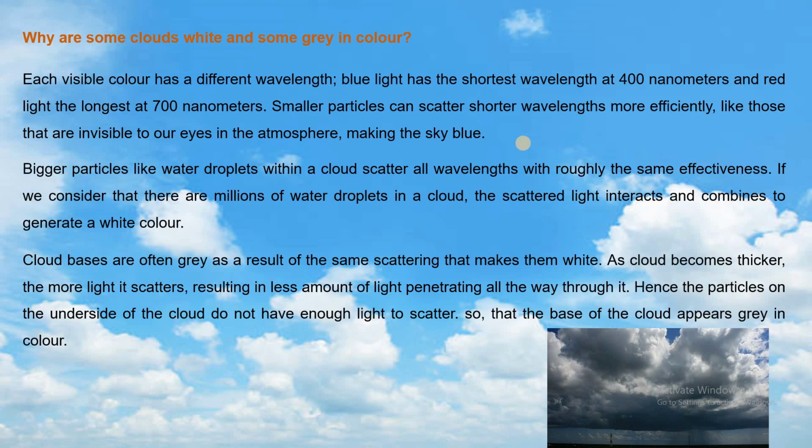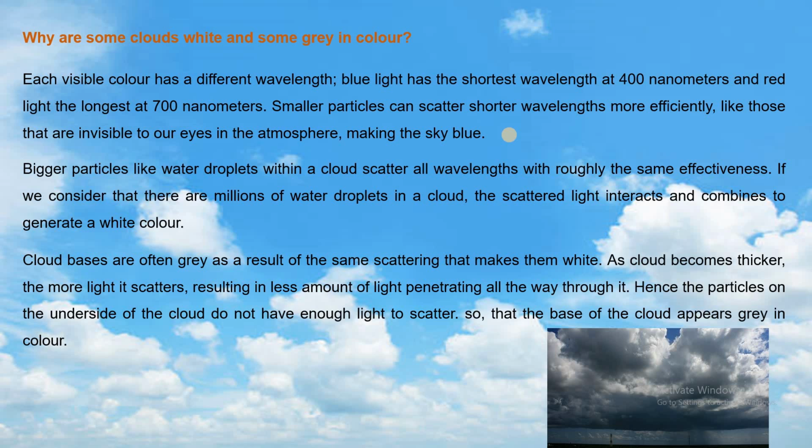But what about the base of the cloud, which looks gray? Why does the base of the cloud look gray? When the cloud thickness increases, you will see a gray base, because of the process of scattering.